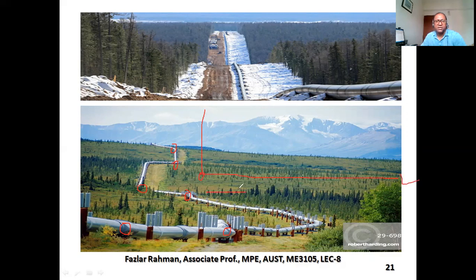And this is my distance x. Along the vertical direction, I make the summation of the total energy. So it's, say, P1 by gamma, V1 square by 2G, and Z1.